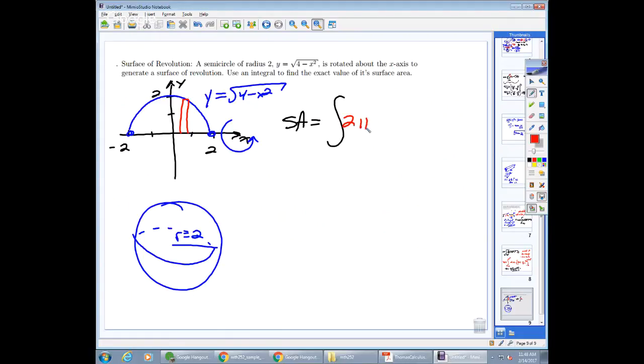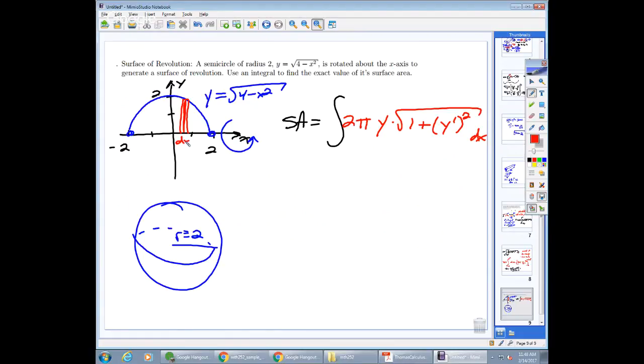So there's going to be a 2 pi times my radius there, that's just the y value, times the square root of the Pythagorean theorem in calculus form, which is 1 plus, let's call it y prime squared. All with respect to x, sorry. Right, because that's a little chunk on the x-axis when I revolve around it in this way.